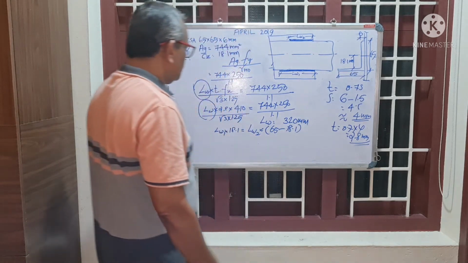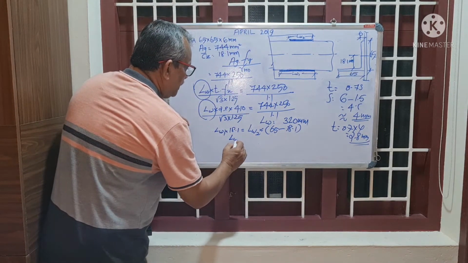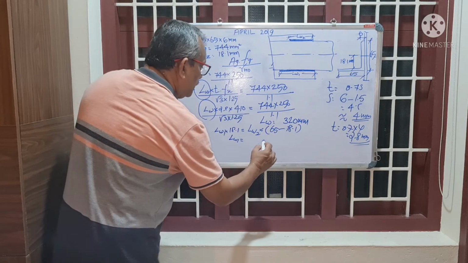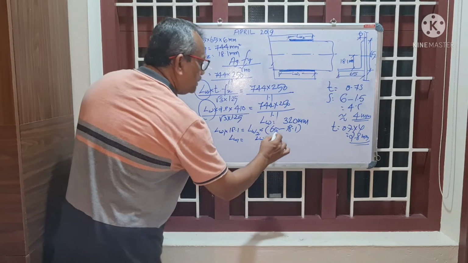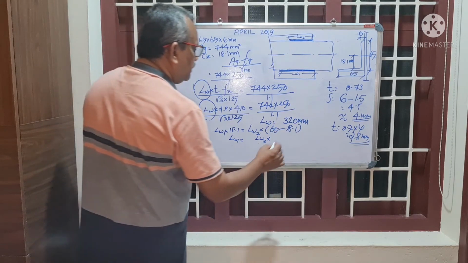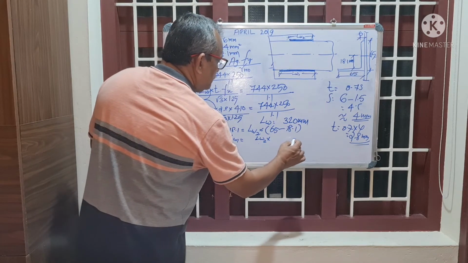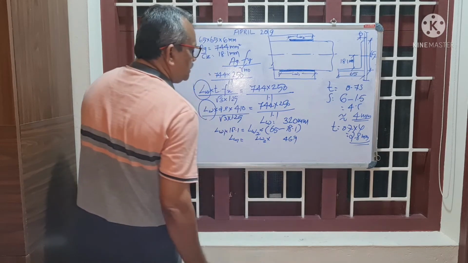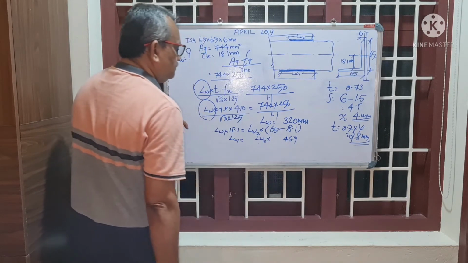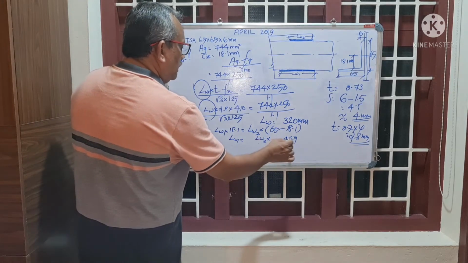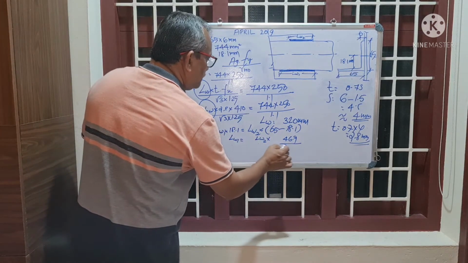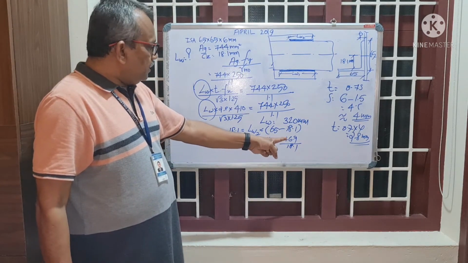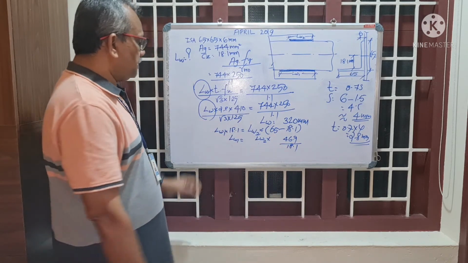By equating this, we get LW1 equals LW2 into (65 minus 18.1), that is 46.9 LW2, divided by 18.1. So LW1 equals LW2 into 46.9 by 18.1.